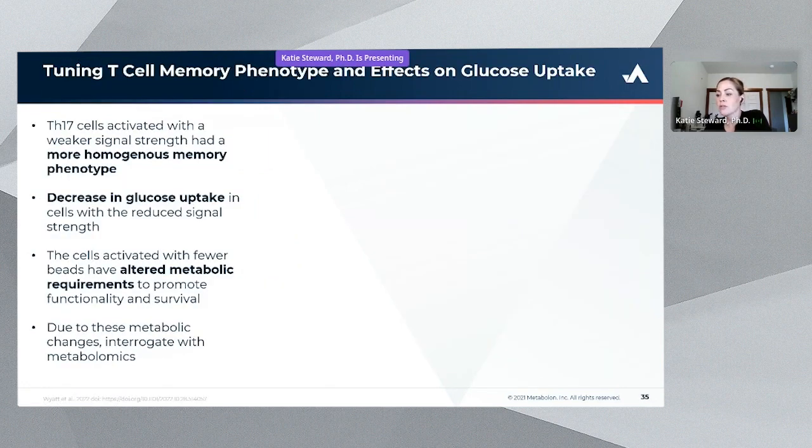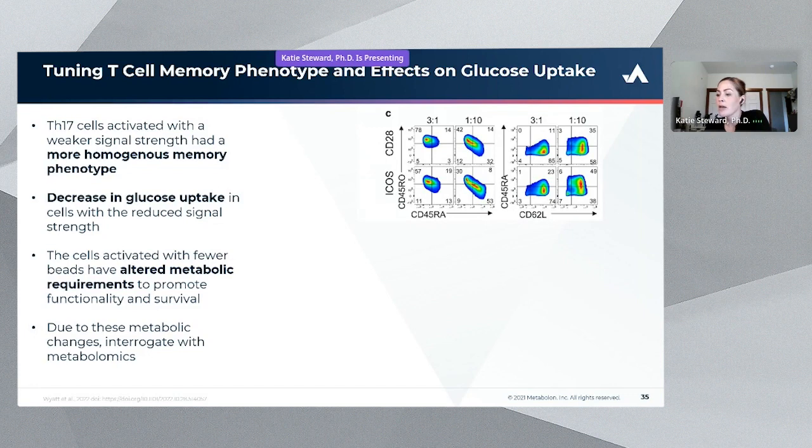The memory phenotype is also really crucial to the effectiveness of the T cells. Naive and memory T cells persist longer and exhibit greater anti-tumor activity than effector T cells. So you can see here that the weakly activated ICOS and CD28 cells showed a more naive phenotype. That weak activation is a 1 to 10 bead to cell ratio, whereas strong activation is the traditional way of activating the cells, 3 beads to 1 cell.